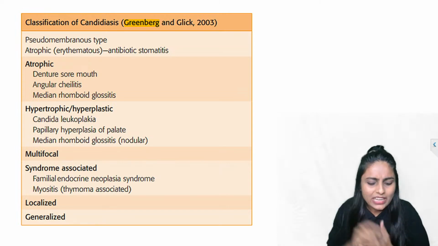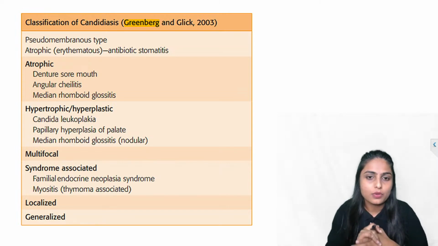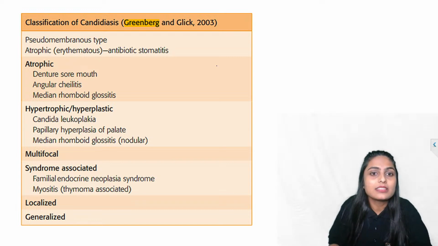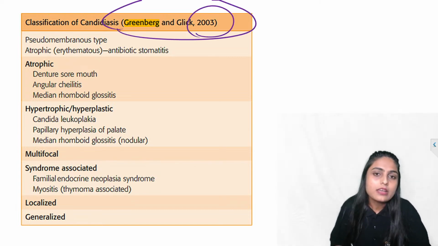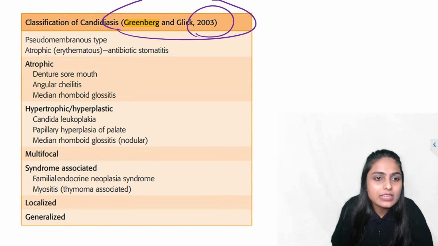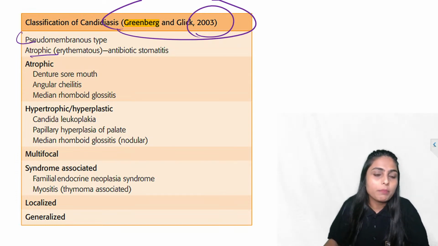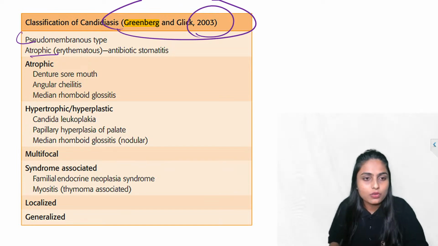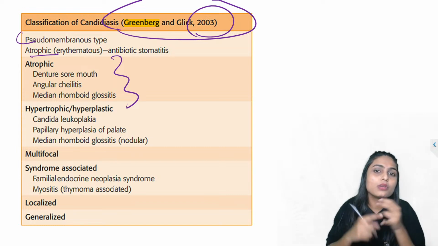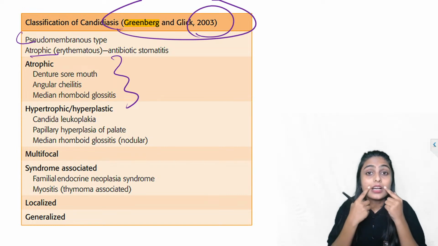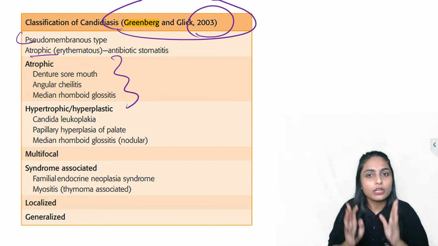Next, many questions were based on candidiasis. You must know the classification given by Greenberg and Glick in 2003. Starting with pseudomembranous and atrophic type. I'll show you the pictures also. In atrophic type we have denture sore mouth, angular cheilitis, which affects the commissures, then median rhomboid glossitis.